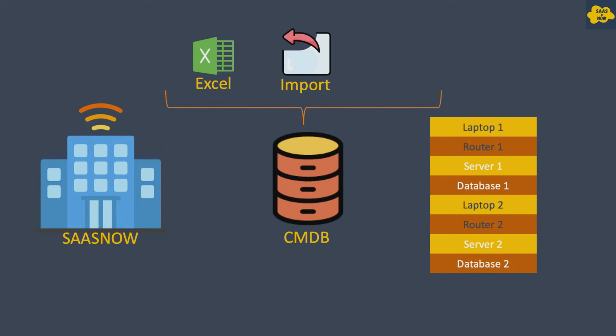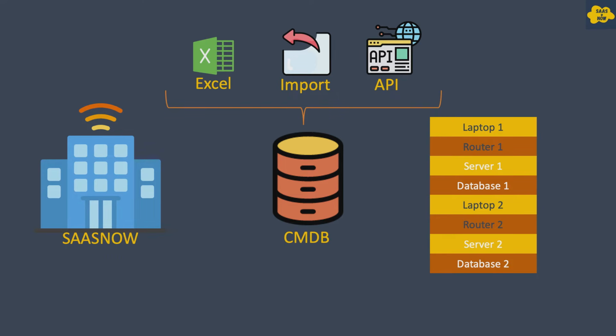And the last one is API, in which another internal system of the company can collect data from different sources into one system and then send that data back to ServiceNow to update CMDB tables. And that will be done via API.